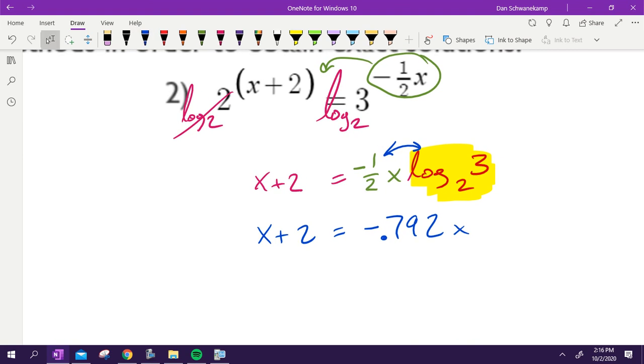Still need to get x by itself, so I need to get all the x's on the same side. So I'm going to subtract x. So it's 2 is equal to negative 0.792 minus another x is going to get me negative 1.792x.